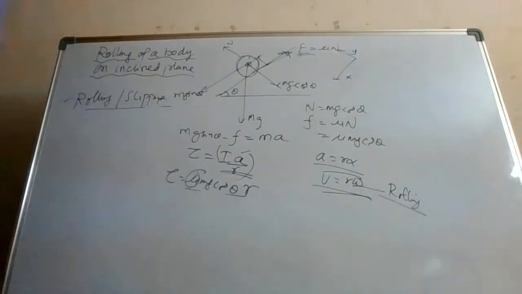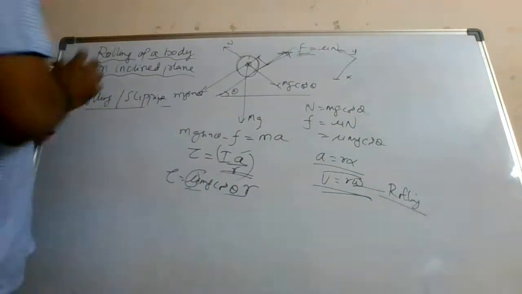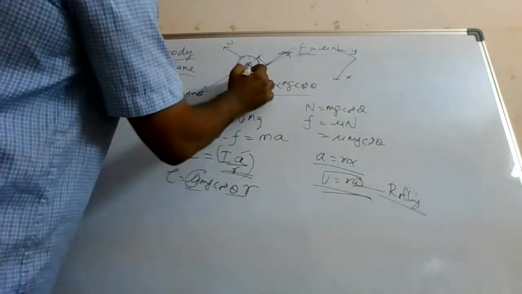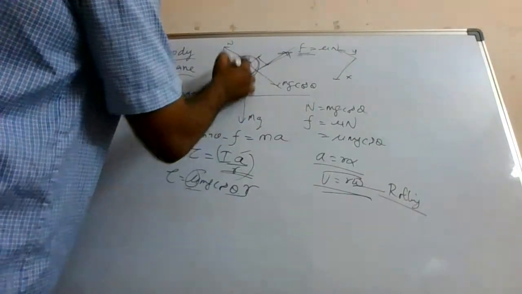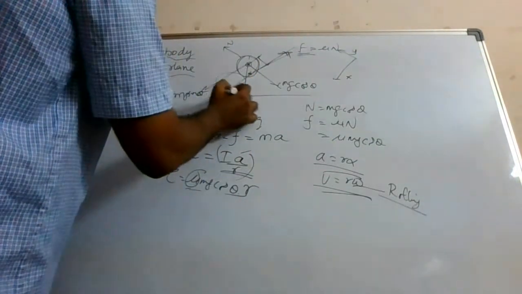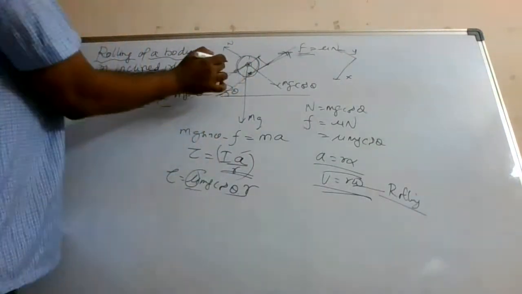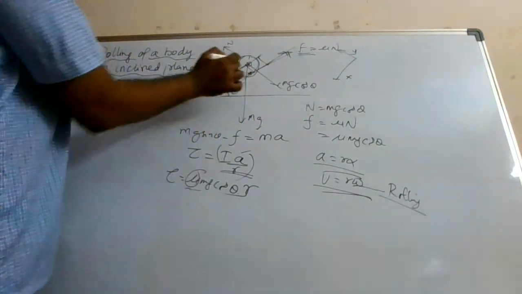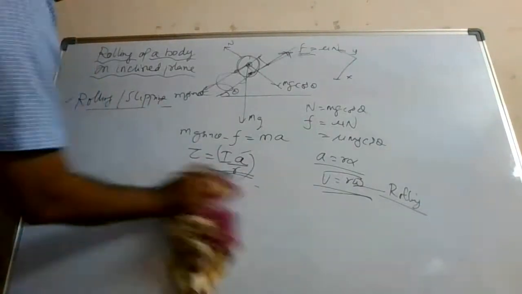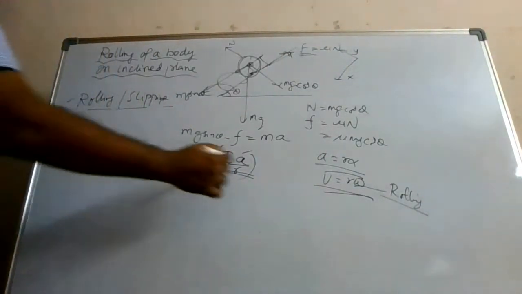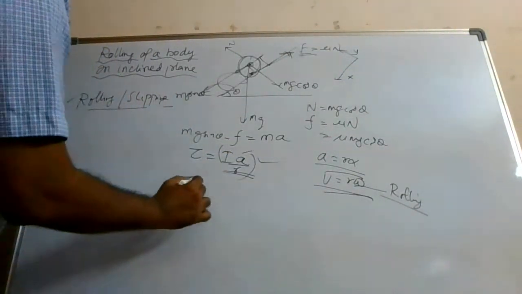So here one small mistake is there. You see, it is rolling about this point, right? So here is the mg sin theta force. You need to take mg sin theta multiplied by this. I have done a small mistake here. This torque, one definition is this, another is force into distance.